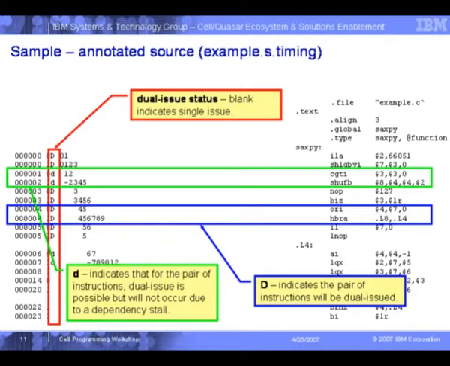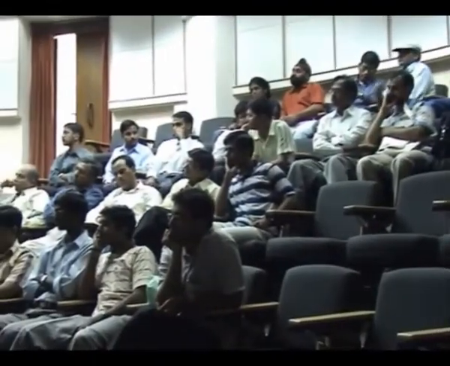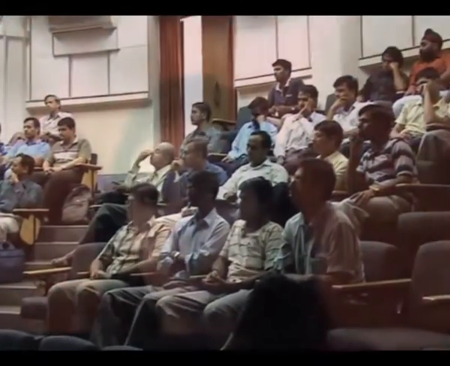If there is a small d, it is saying dual issue is possible, but there is some dependency. That instruction can be issued along with the even pipeline or the odd pipeline, but there is some dependency that's stopping the dual issue at runtime.